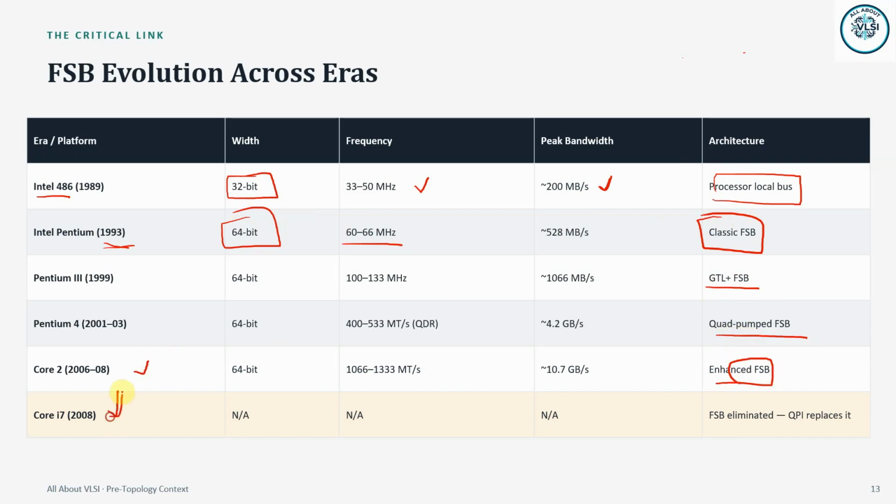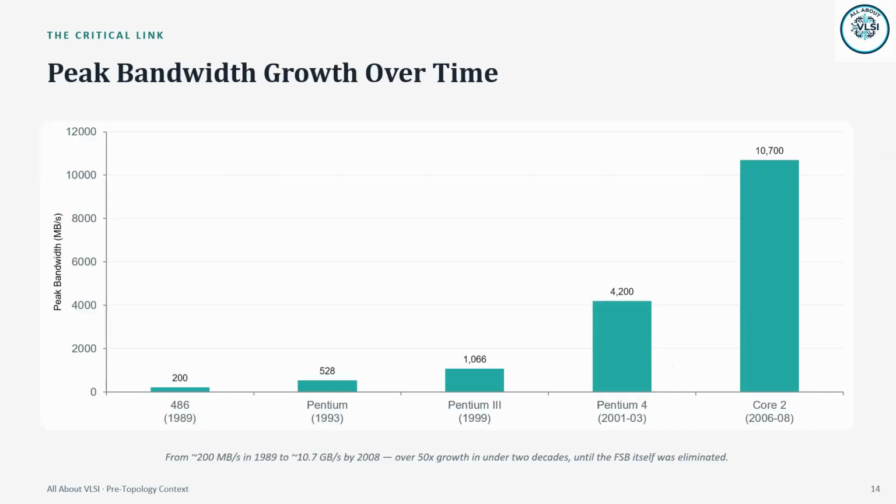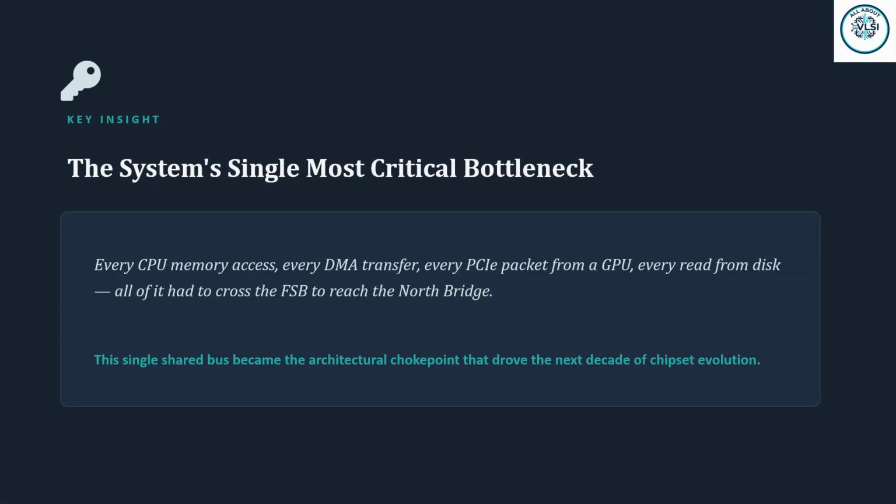And in 2008, this FSB was completely eliminated. So we are going to discuss how FSB was eliminated and what architecture evolution happened. This was the peak bandwidth over time, and by 2006 to 8, the bandwidth had increased a lot.